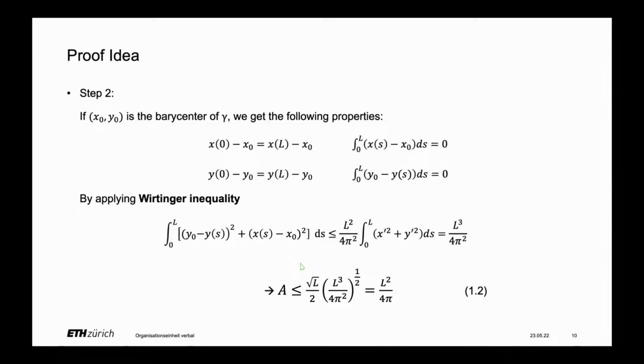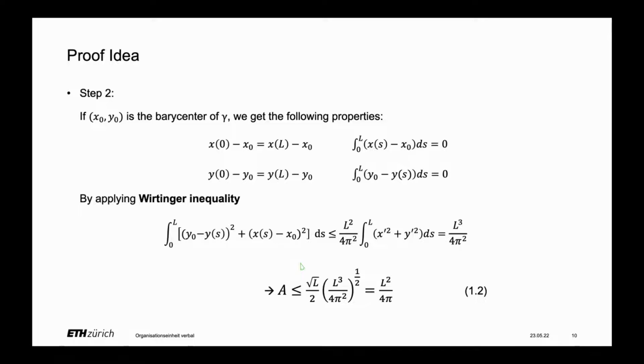This inequality holds if we apply the Wirtinger inequality here, with a equal to 0 and b equal to L. If we rearrange everything we've had before, we get that A is smaller or equal to the square root of L over 2 times the square root of L to the power of 3 over 4 pi squared. Calculating together, this leads exactly to our inequality, which is L squared over 4 pi.